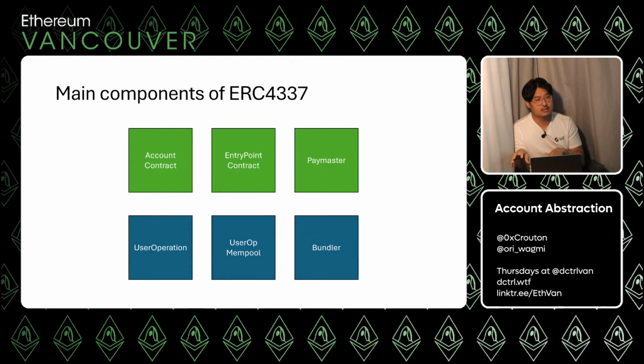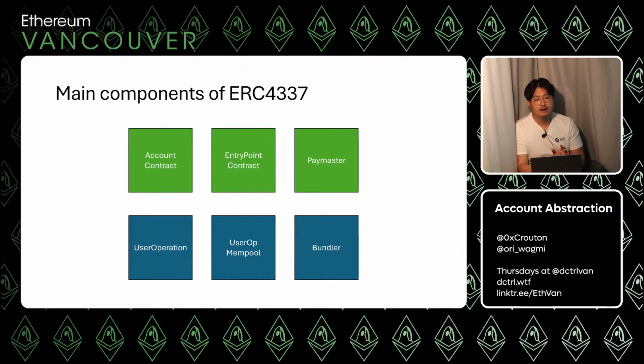The next 3 components are off-chain components. The first is a user operation. A user operation is a pseudo transaction. We call it a pseudo transaction because it contains all of the data of a real transaction. It has a to address, call data, gas, a nonce, and all that stuff. However, there are also additional fields in the user operation for the bundler and this alt mempool.